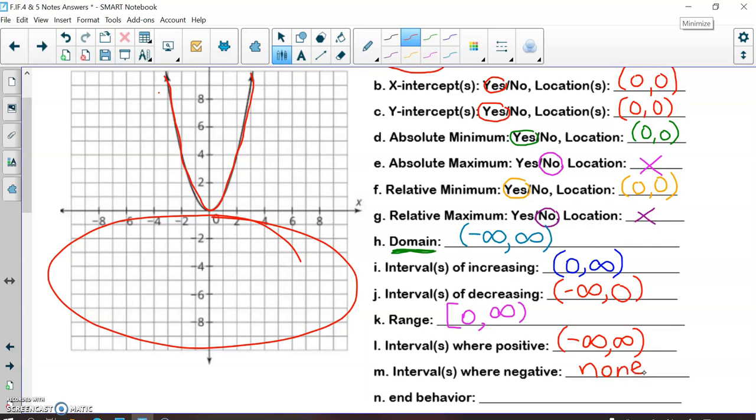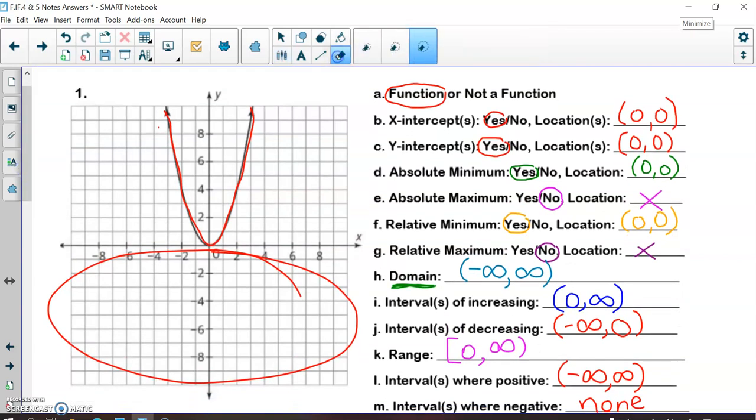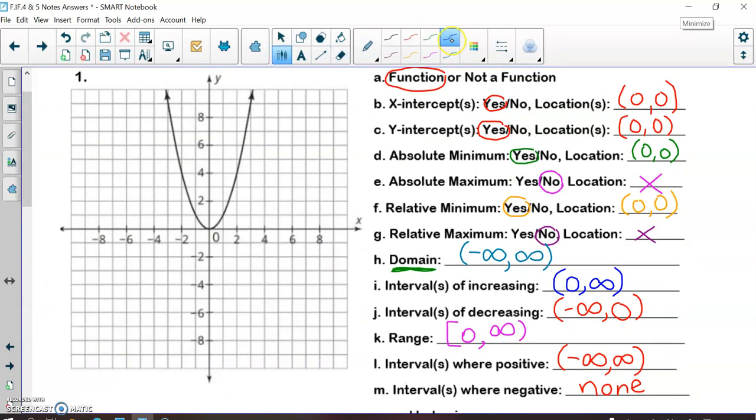All right. And then lastly, end behavior. So what I mean when I'm talking about end behavior is when my x values start trending towards the negative infinity, what's happening to my y values? My y values are extending up to infinity.